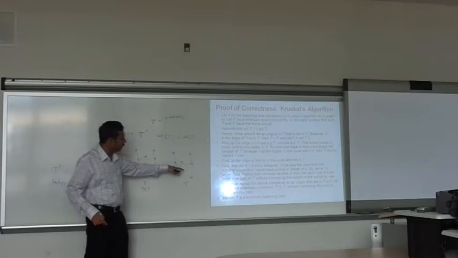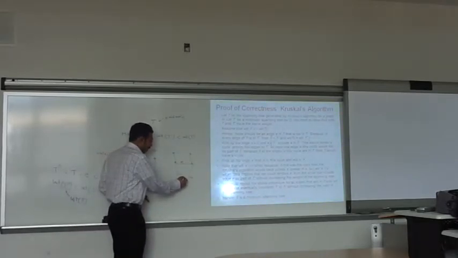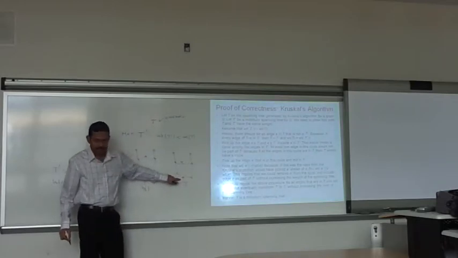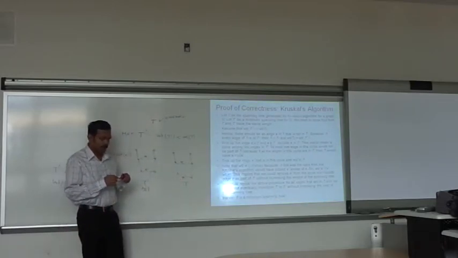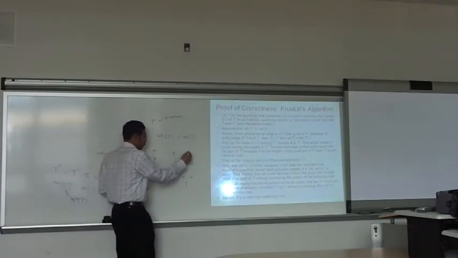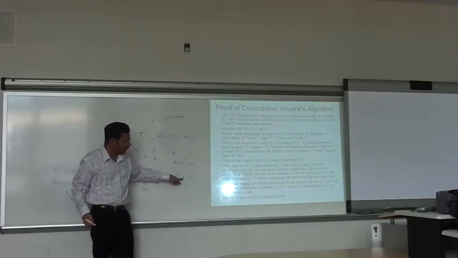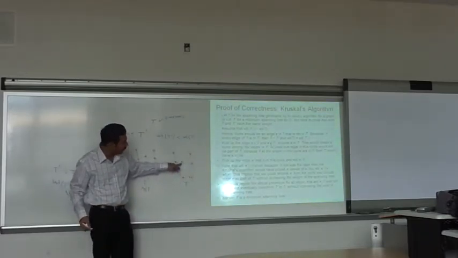Now look at this. If that was the case, what it means, this edge E prime is like this, and the way Kruskal's algorithm works, it picks edges in increasing order of edge weights. So this is one component and this is another component, and Kruskal's picks E over E prime only because the weight of E was less than the weight of E prime.